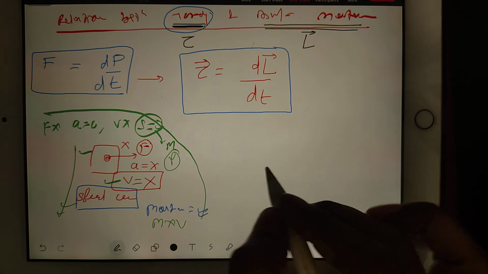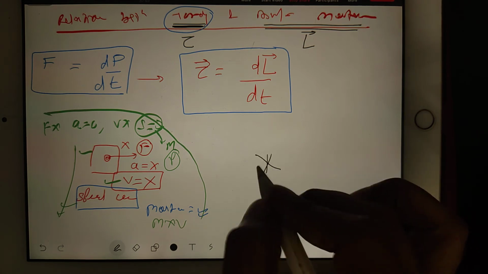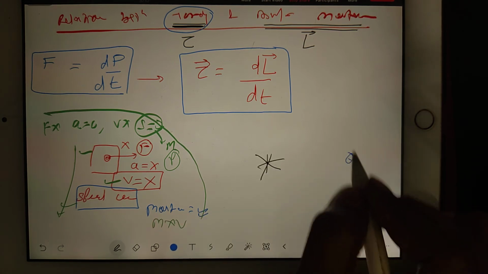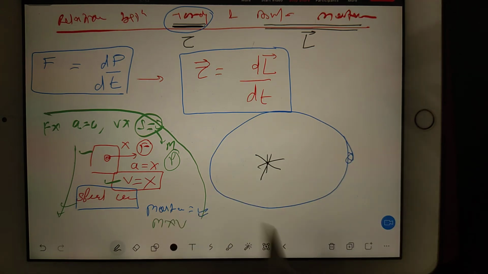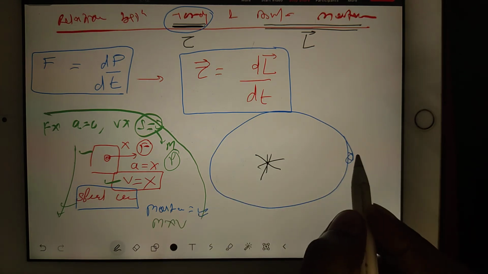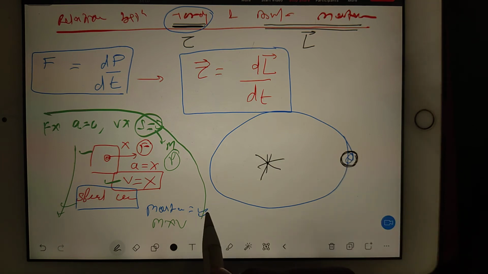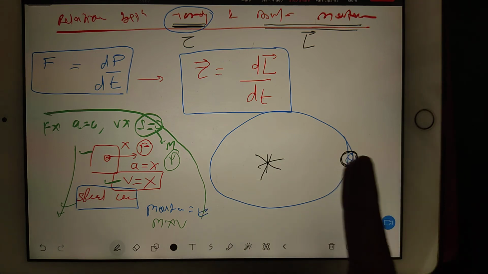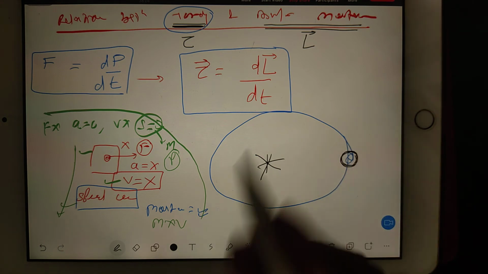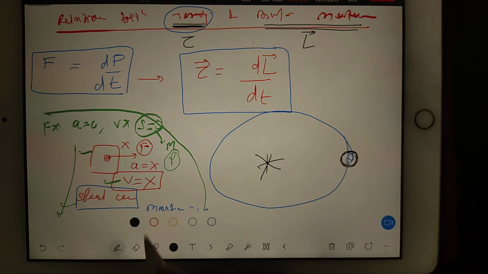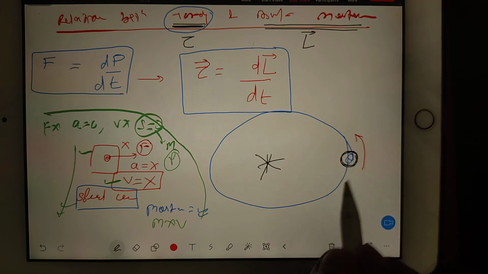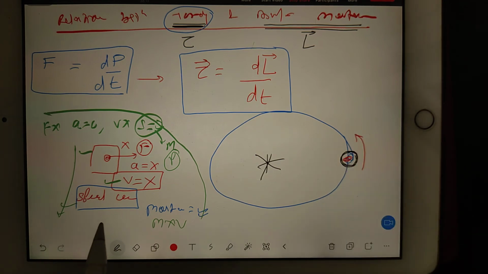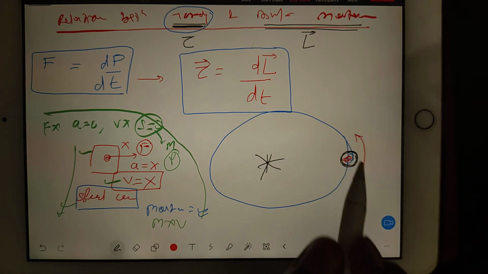Before that, suppose there is a planet, the sun is there, and the planet is revolving around the sun. What is the main point here? What about the angular momentum of this planet revolving around the sun? Will the angular momentum be constant and conserved, or will it increase? If you apply any extra torque on this planet, the angular momentum will not be constant.